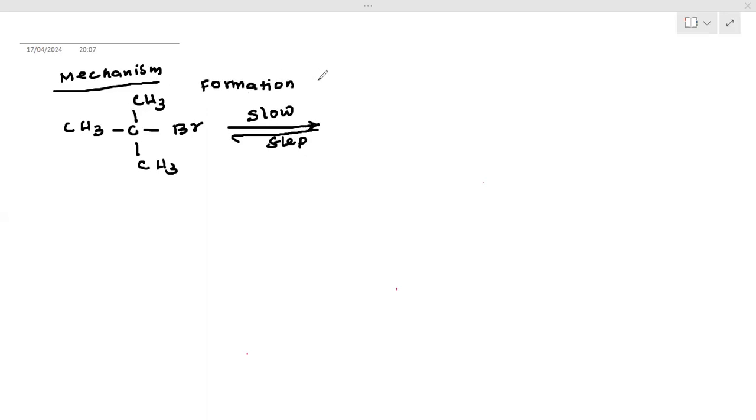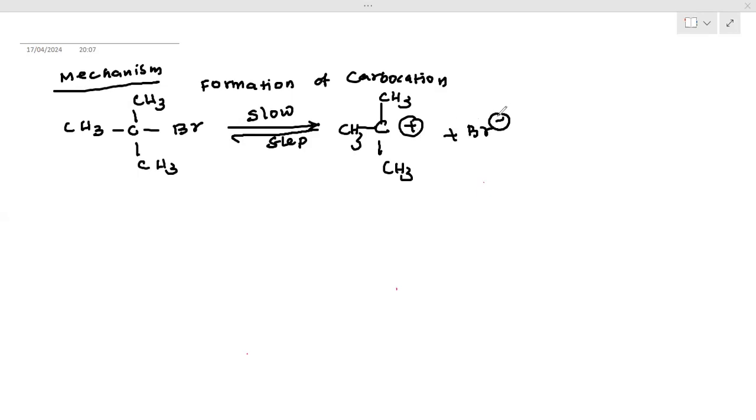Here we have (CH3)3C-Br, forming the carbocation, (CH3)3C plus, and Br minus comes out. So the tertiary carbocation is formed.